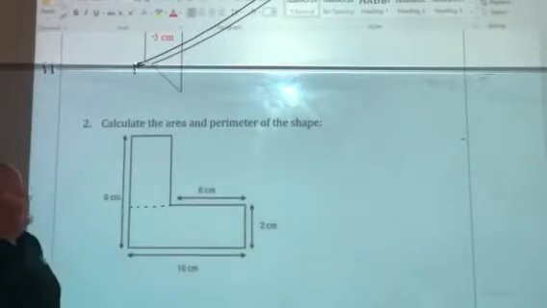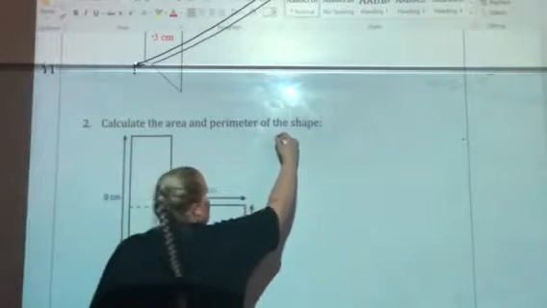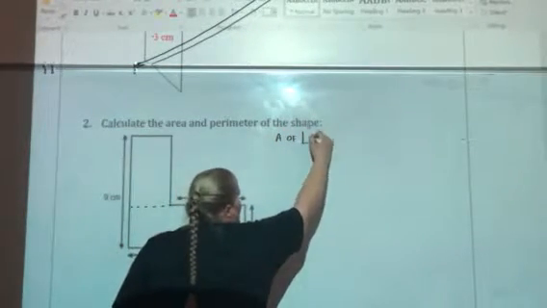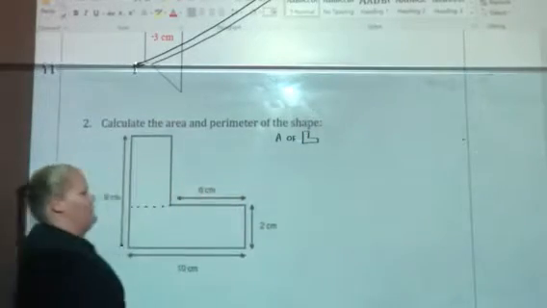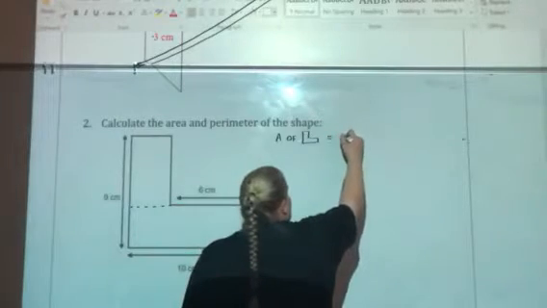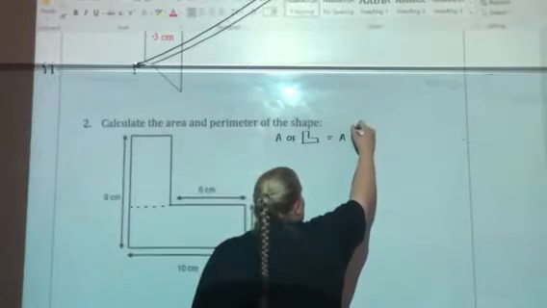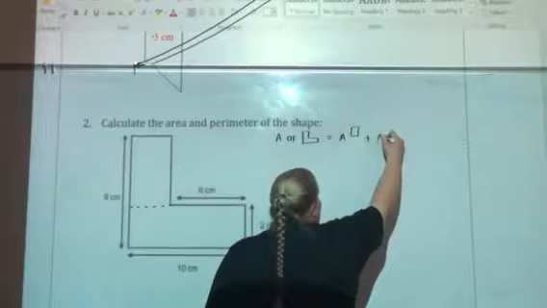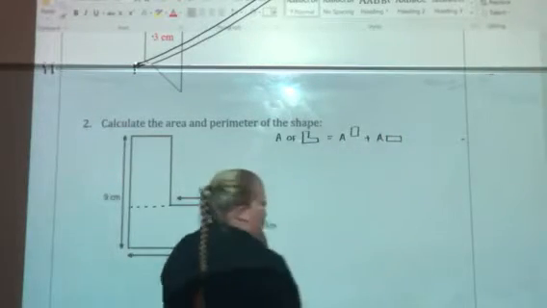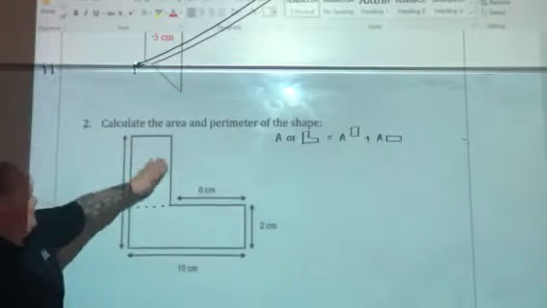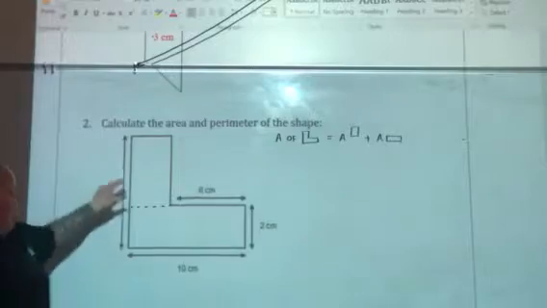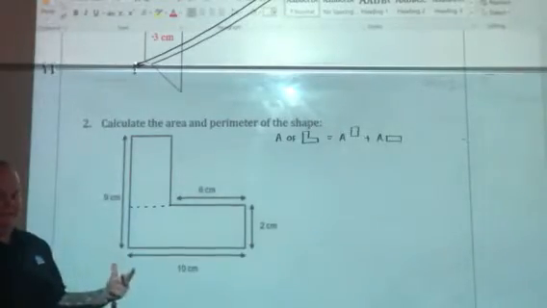So if we wanted to find the area of this big L shape, it's going to be the area of the top part plus the area of that bottom piece. So we're going to find this area and then this area. First off, they're both rectangles, right?